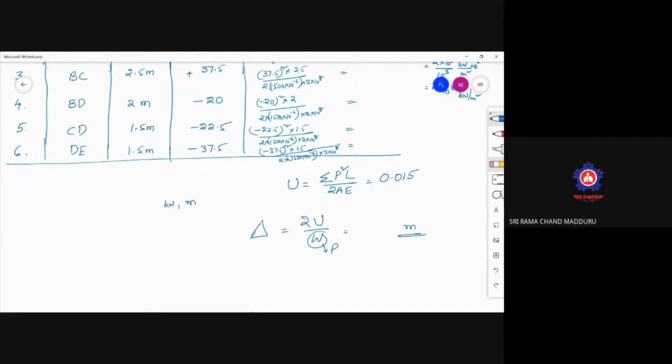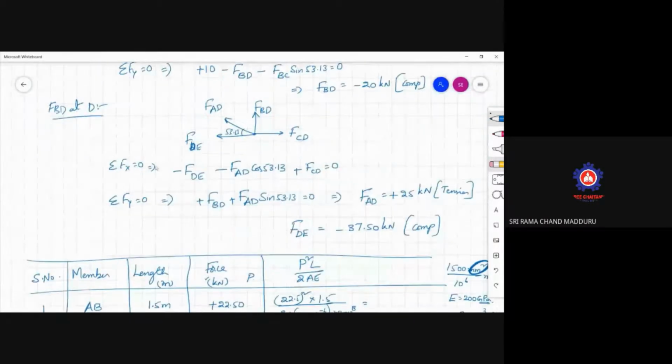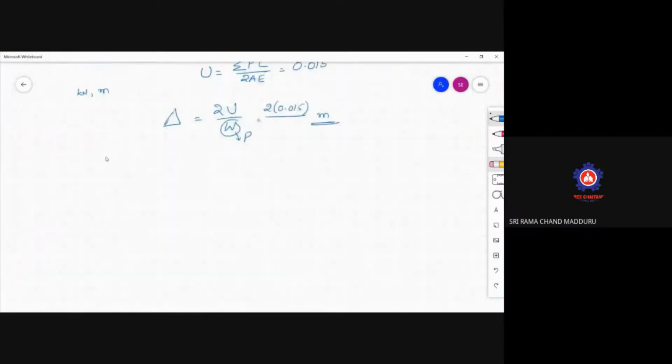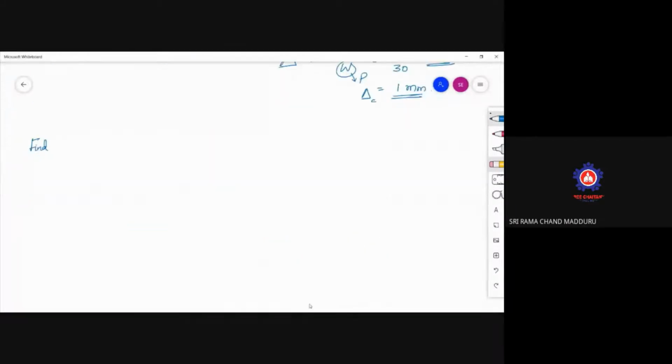U is 0.015. Yes, sir. 2 into 0.015 by W. W, what is the value here? 30. So that is the deflection of this problem.